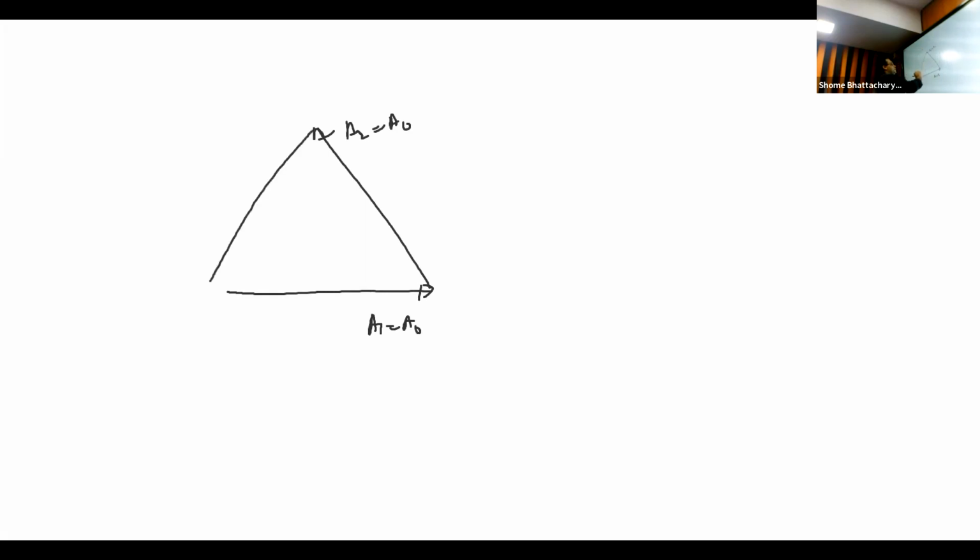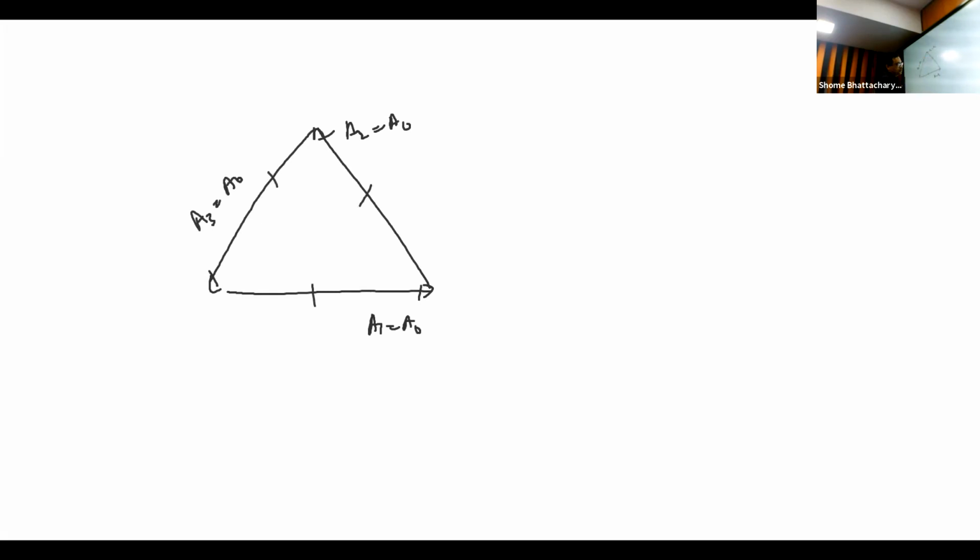Anyway, I'm just going to continue from that diagram. I want the net amplitude to be 0. So my A1 is equal to A0, my A2 is also equal to A0, and my A3 is also equal to A0. I want it to be an equilateral triangle.